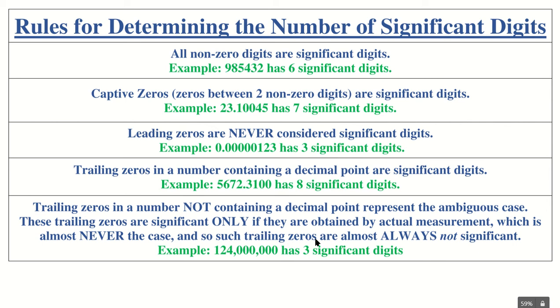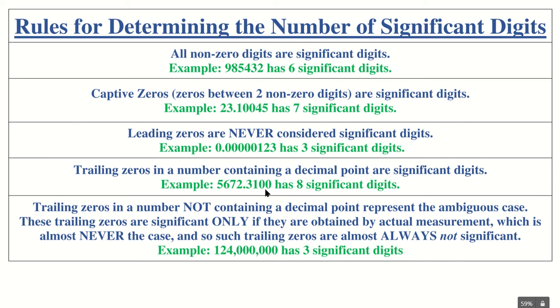So trailing zeros are almost always not significant. It is an ambiguous case, so it depends on the particular situation you're dealing with, but the safest thing to assume is that those trailing zeros are not significant.